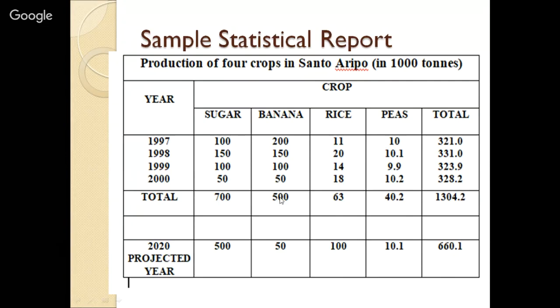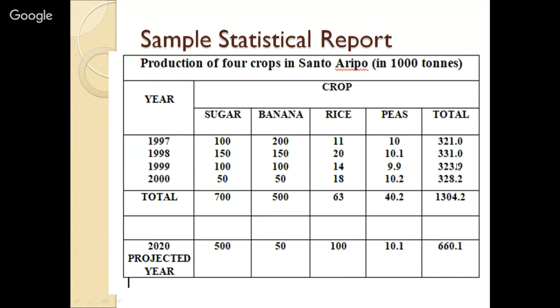We saw that banana was second, rice was third, and peas was fourth. So the highest produced crop was sugar, and the least produced crop was peas. Everybody see that? So that's with regards to the horizontal total at the bottom right here.